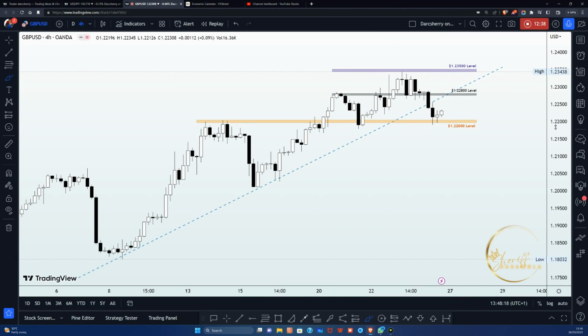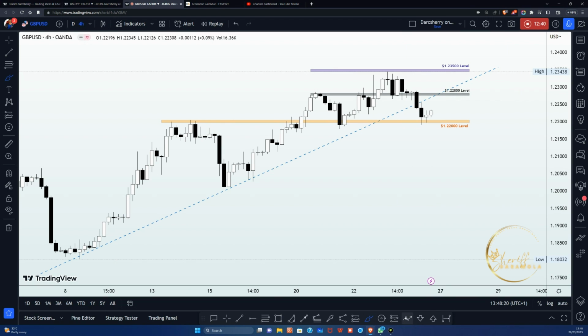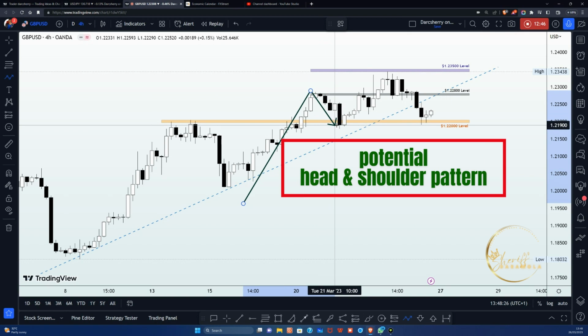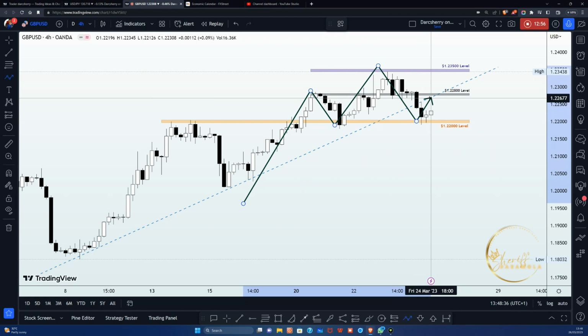And if we look at this structure closely, you will see that following the impulsive move that got to this point, it appears that price action is gradually transitioning into something that looks more like a reversal pattern in the form of a potential head and shoulder pattern, which we don't have the right shoulder formed yet, as we might likely see a situation where price might retest the 1.22800 level.